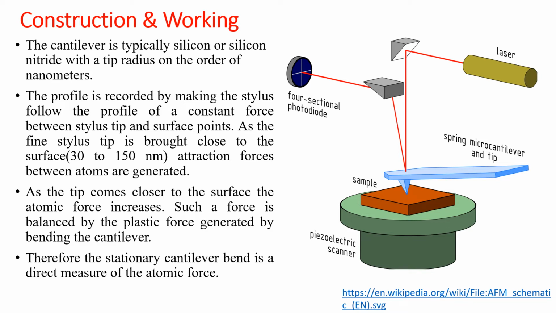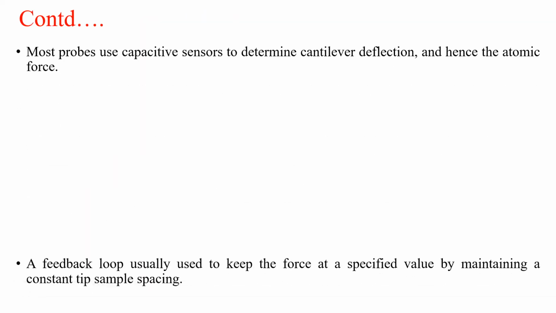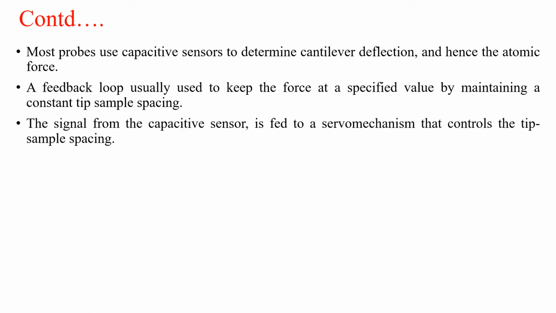Next, the piezoelectric scanner. As we know, a piezoelectric material expands and contracts proportionally to an applied voltage, so they elongate or contract depending upon the voltage applied. In the same way, in this AFM process, the piezoelectric scanner is used. Most of the probes use capacitive sensors to determine the cantilever deflection, and hence we get the atomic force.